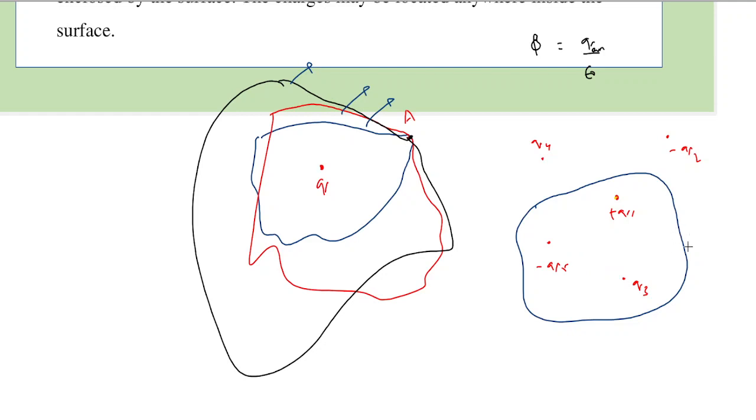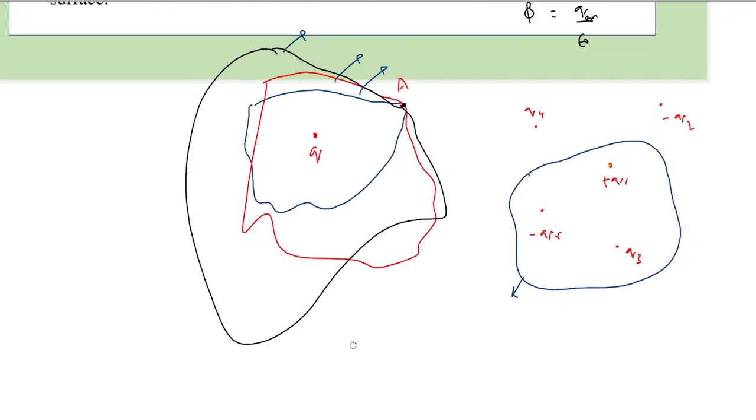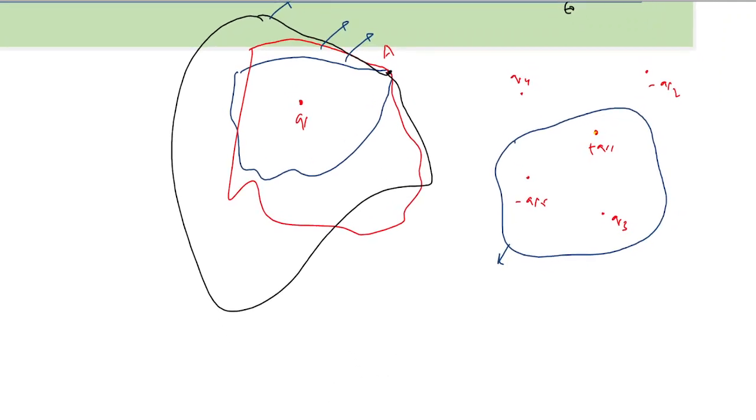So for this configuration, for this surface, Q enclosed here would be Q1 minus Q5 plus Q3.